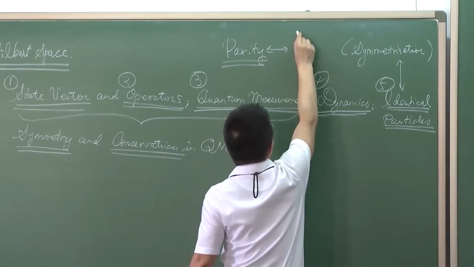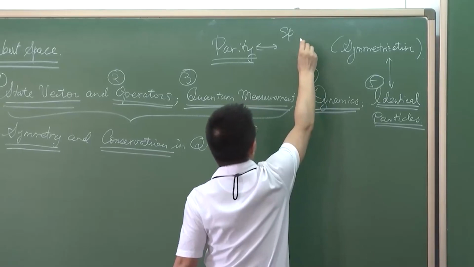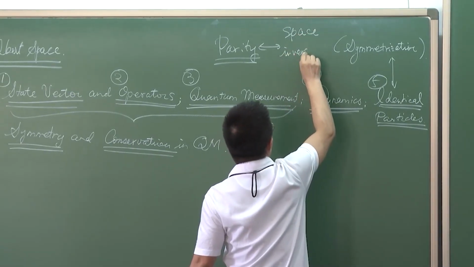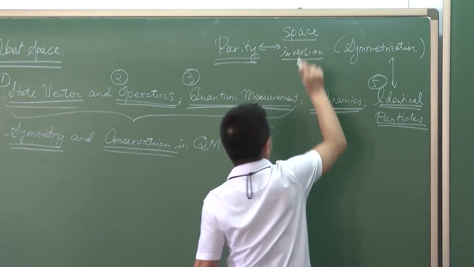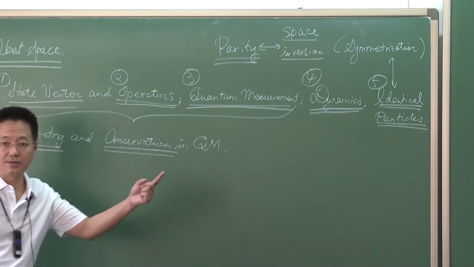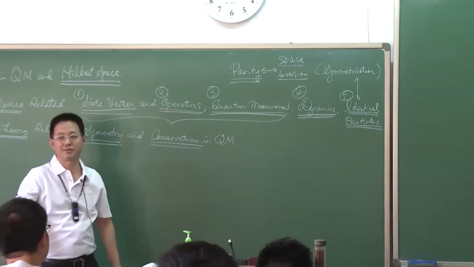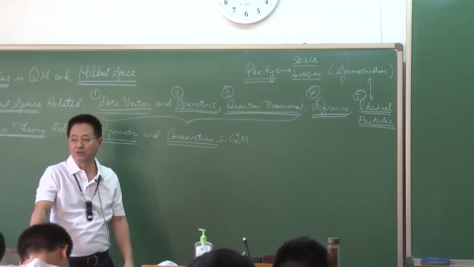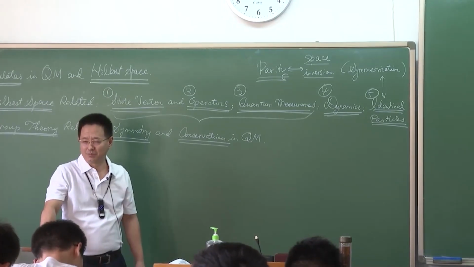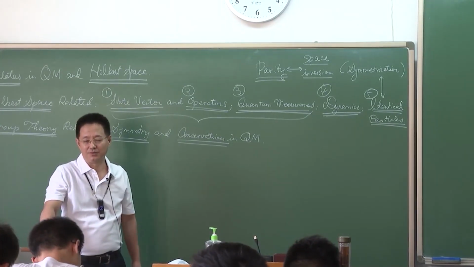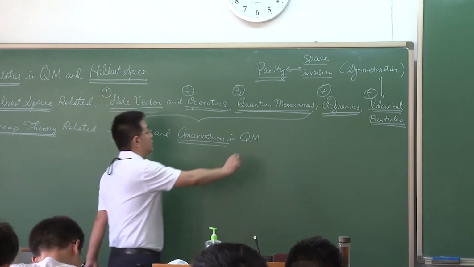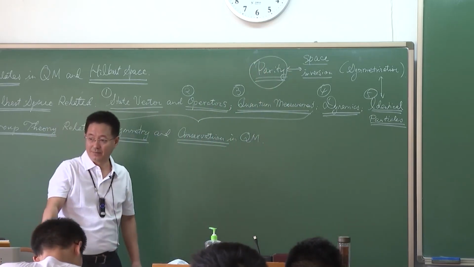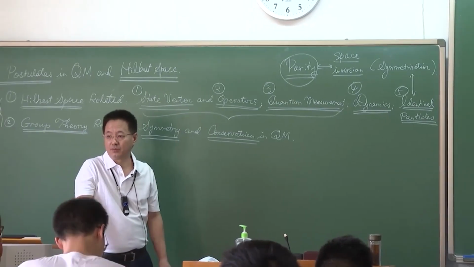It is the spatial inversion or reflection, where x is transformed to minus x. And normally we call it by a very simple term, that is parity. We have the parity transformation.